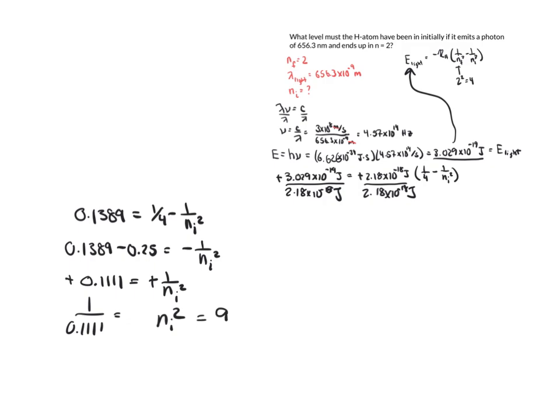So 9 is equal to n initial squared. And then I take the square root of both sides. And when I take the square root of n initial squared, I get n initial, and the square root of 9 is 3, and so n initial is 3. So in order to emit a photon of 656.3 nanometers, I have to start in n equals 3 and end up in n equals 2.